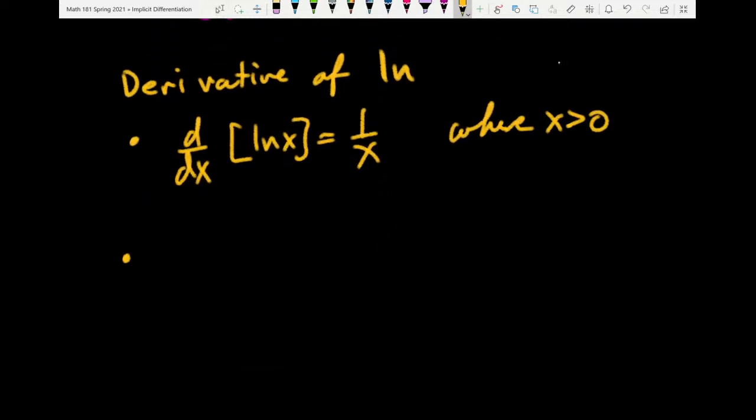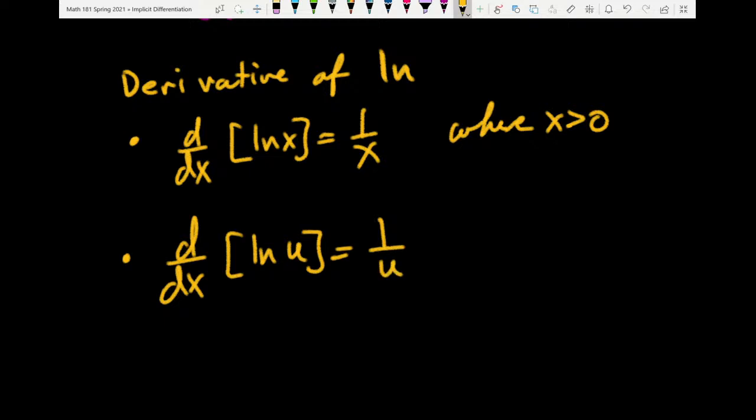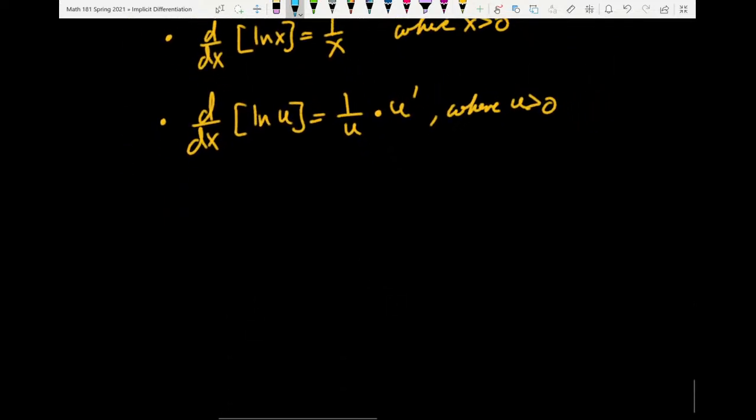But we don't get just natural log of x. We'll get other stuff like the derivative of natural log of u is 1 over u times u prime, where u is greater than 0. So let's look at an example problem.